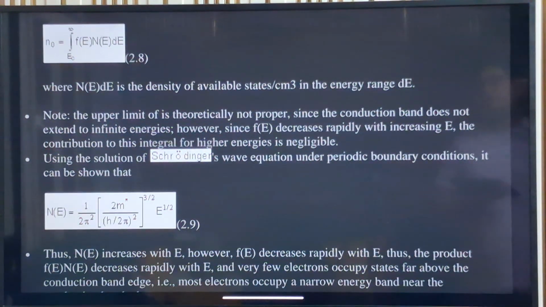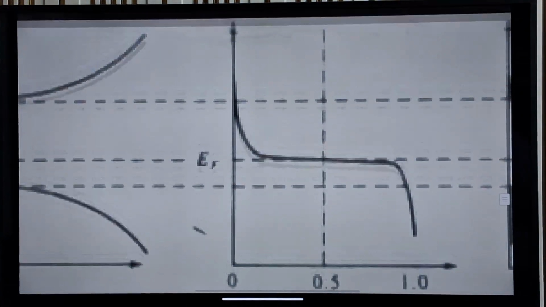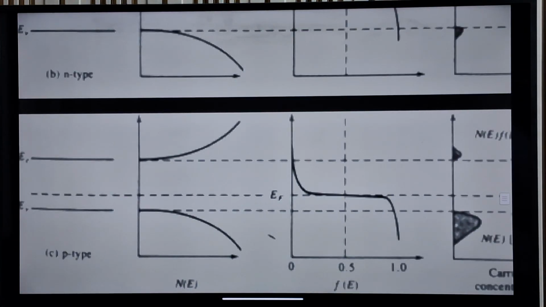Now, the upper limit is theoretically not proper since the conduction band does not extend to infinity. However, since Fe decreases rapidly with increasing energy, the contribution to this integral for the higher energies is negligible. So, Fe, as you can see, decreases very steeply as you approach 0.